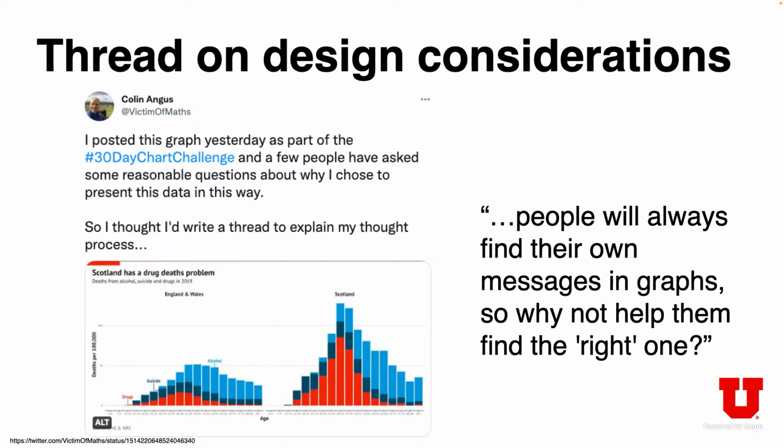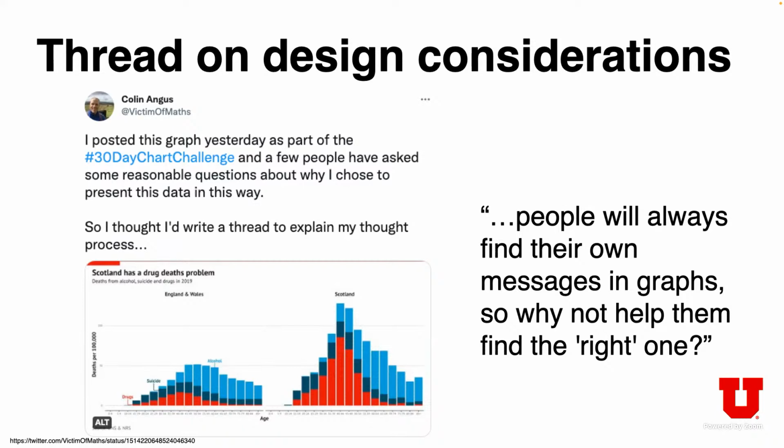I would totally recommend everyone look at it, because he talks through almost every design choice that went into this chart. Why is it a bar? Why are the colors the way they are? Why is he faceting by country and then having age on this axis and the other thing on the other axis, and why does he sort blue over red and not the other way around?